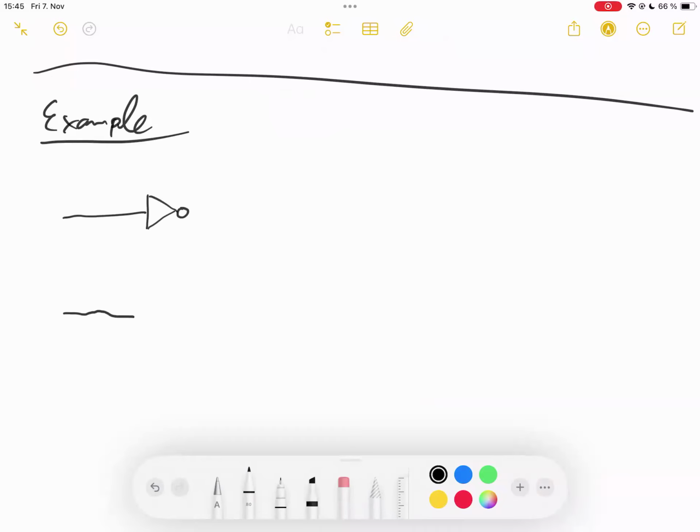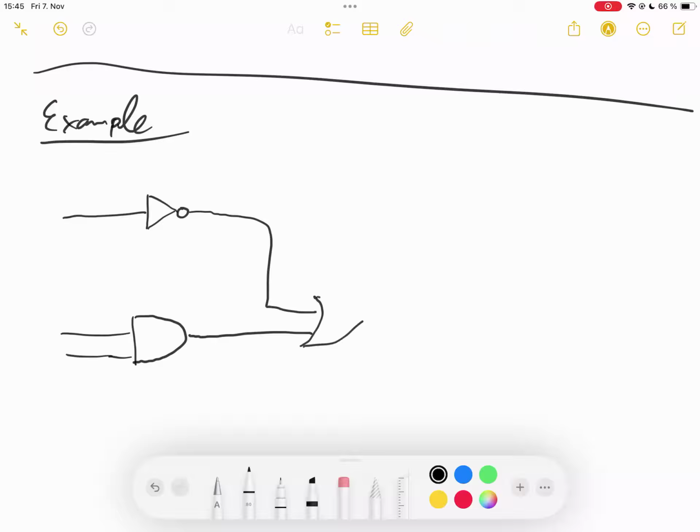I will have two more bits and an AND gate, and then an OR gate for these two, and that's the output.